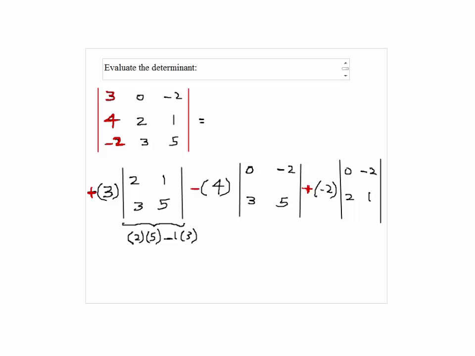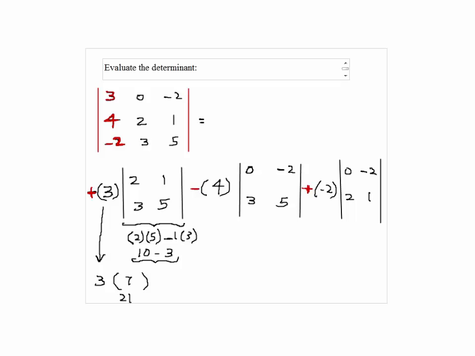Alright, so what is that? That would be 10 minus 3, which is equal to 7. So the first term would be 3, that 3 comes from here, times 10 minus 3, which is 7. So the first term would be 21.